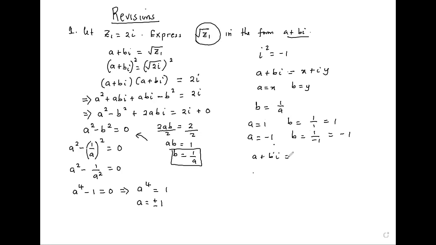That is 1 plus 1i, or a plus bi is equal to minus 1 minus i. So we have those two options.